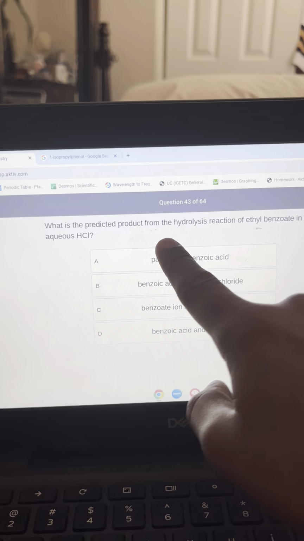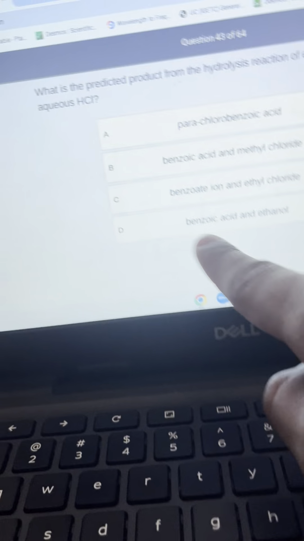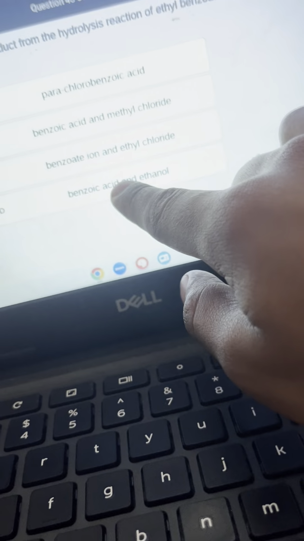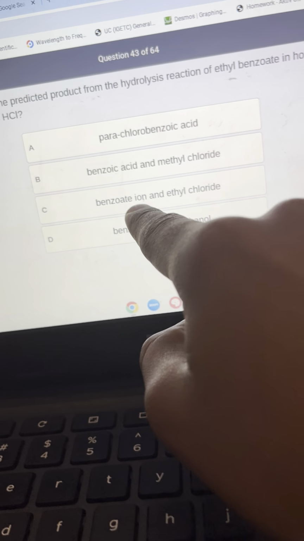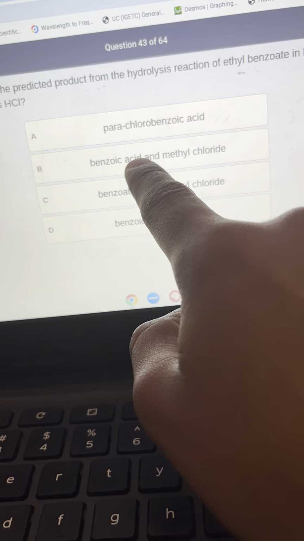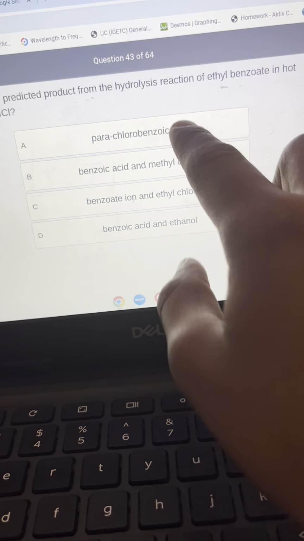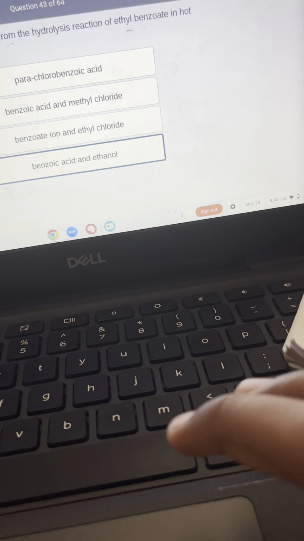So whenever you're doing a hydrolysis reaction of an ester, you're going to add water and heat, and it's going to turn into a carboxylic acid, something like this, and an alcohol. So benzoate ion and ethyl chloride, it can't be that. Benzoic acid, that's the acid, but a methyl chloride, that's not an alcohol. So it's benzoic acid and ethanol.